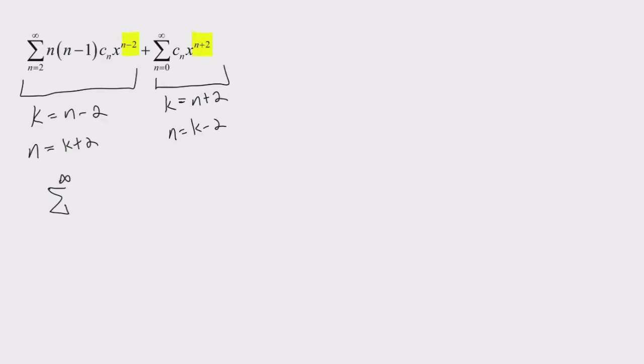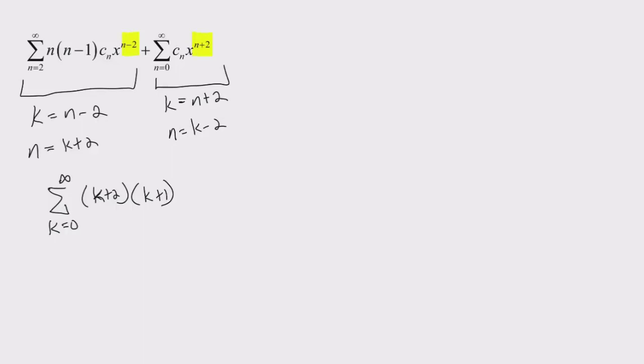All right, so if n equals 2, that means k in this case would be 0. So here we're starting at k equals 0. And then n would be k plus 2, and n minus 1 would be k plus 1.